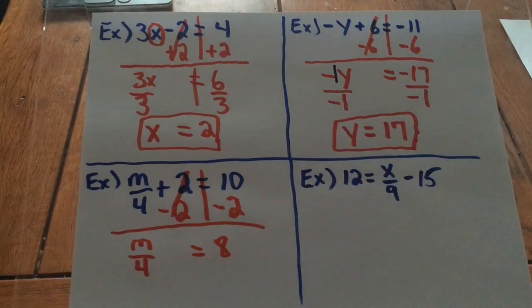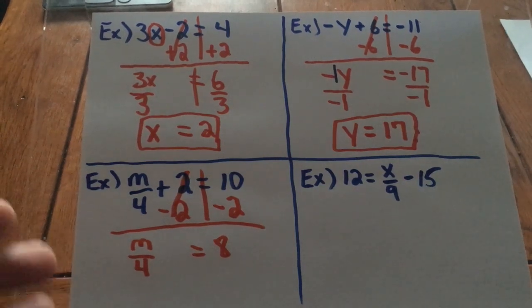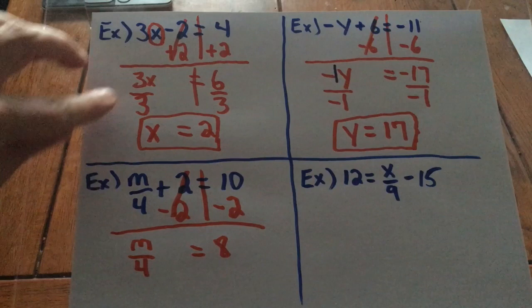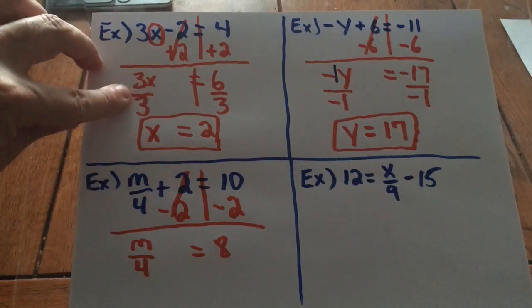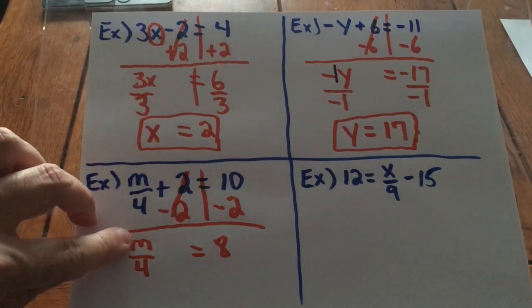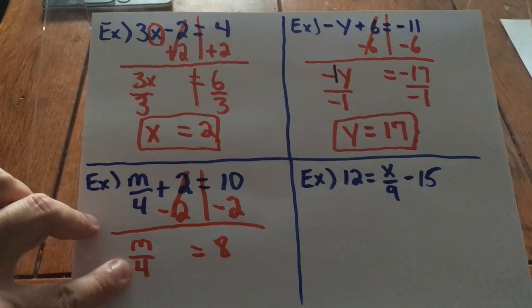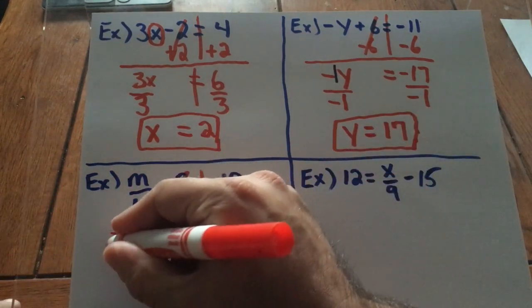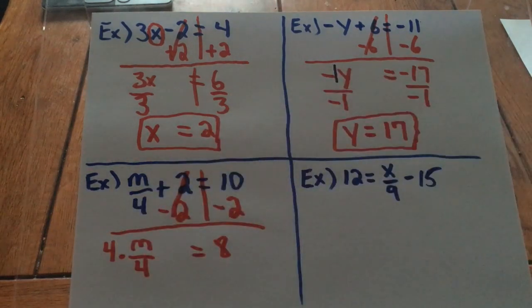All right? And then my final step here, this is step 5, where we multiply or divide to solve. Notice up here we had 3 times x, so we divided. Down here we've got m divided by 4, so the opposite of dividing is to multiply. So to get rid of that 4, we have to multiply by 4.